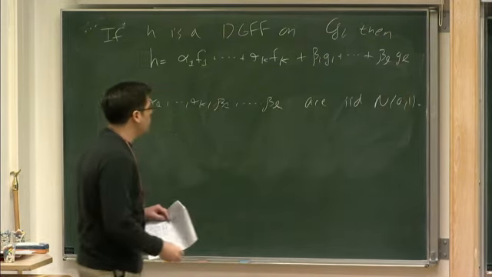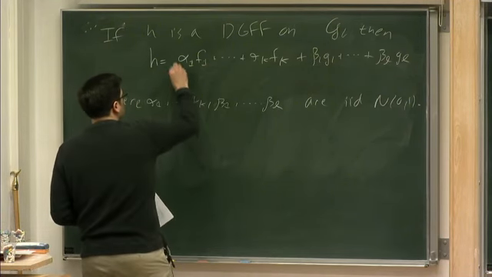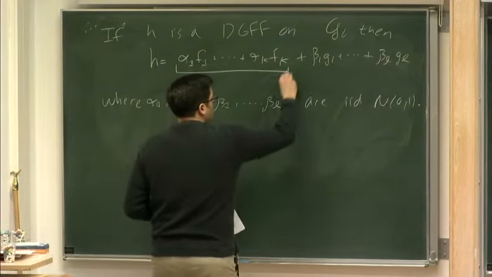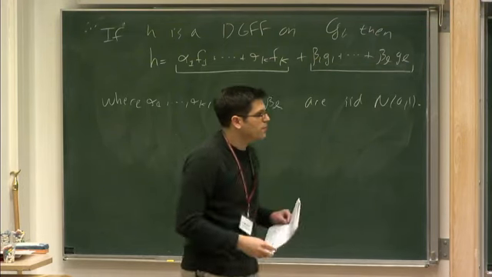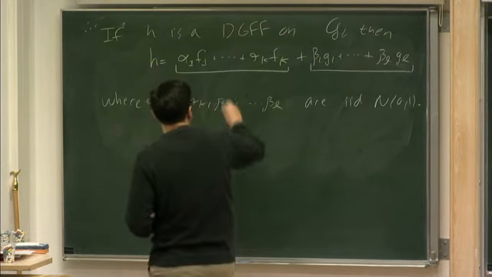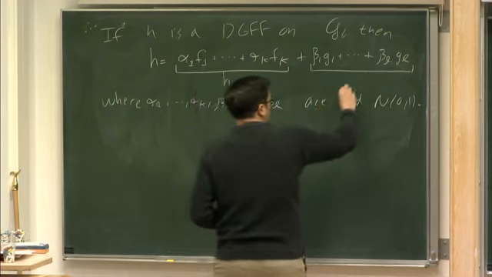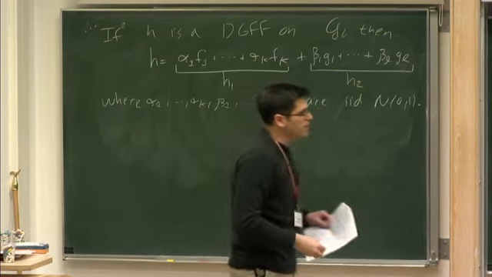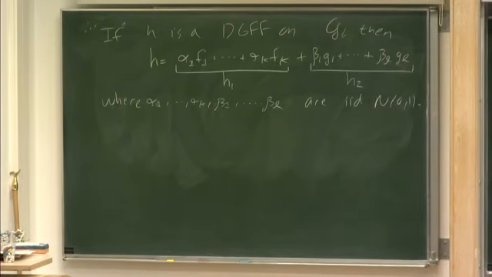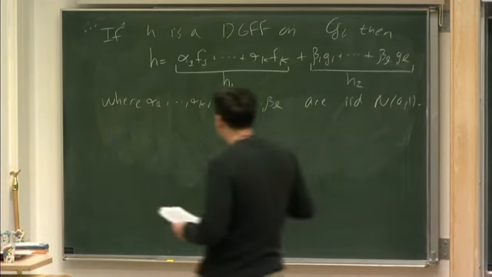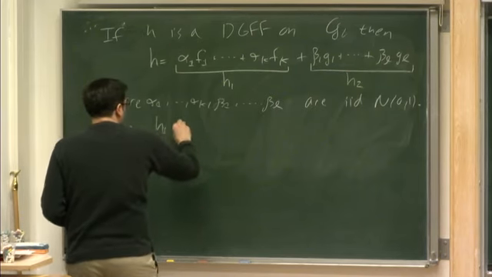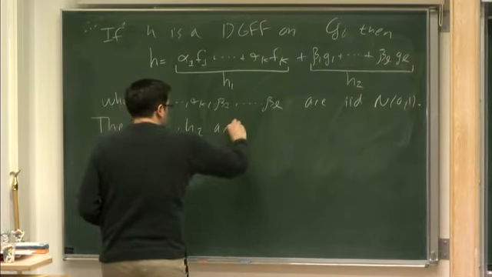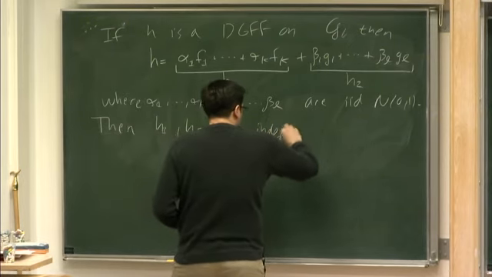Okay, and this decomposes the free field into two parts. So we have this first part here and this second part here. And let me call the first one H1 and the second one H2. So then H1 and H2 are independent.